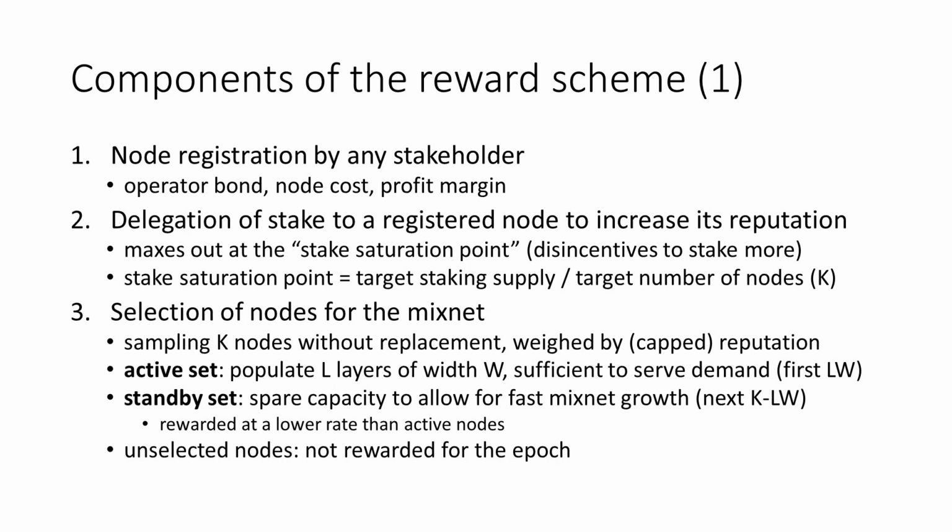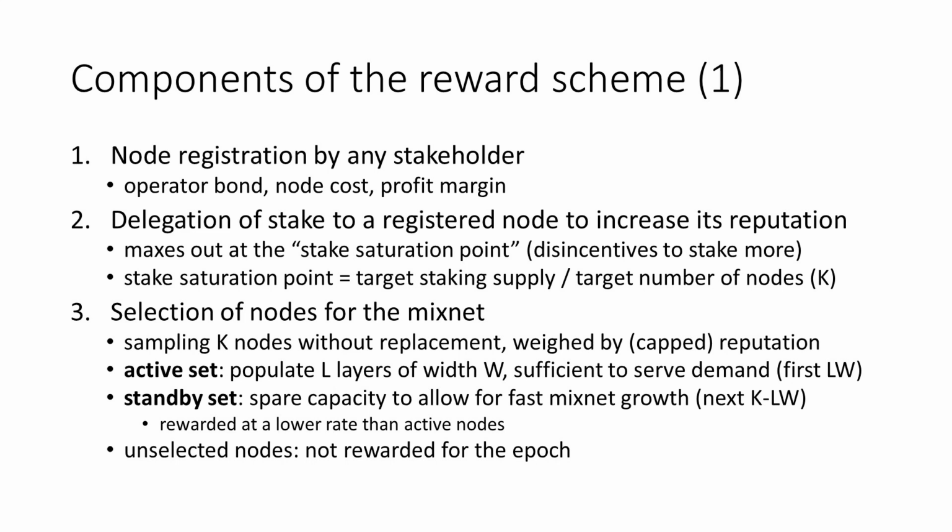And then we have the full set of nodes with their reputation, and we sample them. It's basically sampling without replacement, where you probabilistically select those that have a higher reputation. The first set is used for active, and the second set is used for standby, although, as I said, right now the standby is 0, so all of them are active.